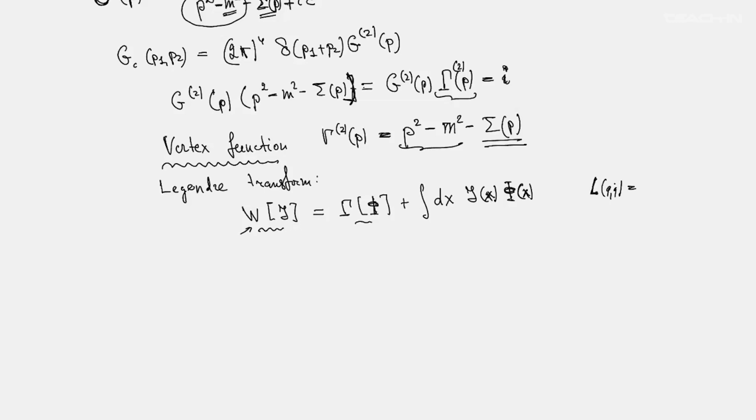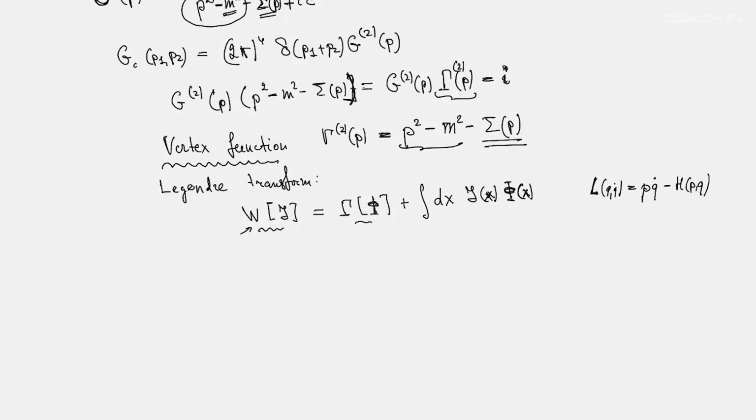And the relation between them is due to this formula, as you know very well. The Lagrangian as a function of q, q dot is p q dot minus H depending on p and q. And something similar is here. So you introduce a functional gamma of phi by means of this Legendre transform.